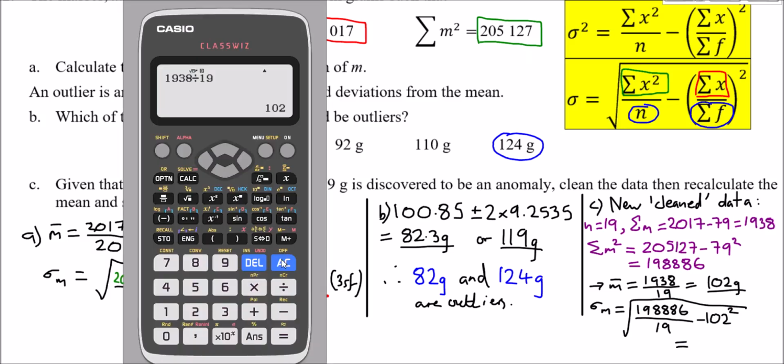So again, just using the calculator for this one, square root of 198886 over 19 minus 102 squared. That gives us, to 3 sig figs, 7.98 grams.